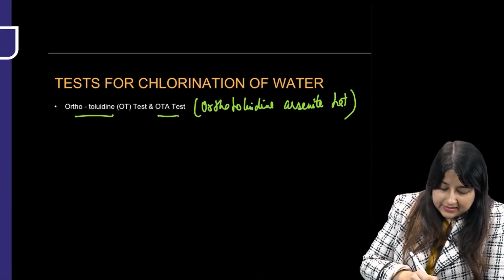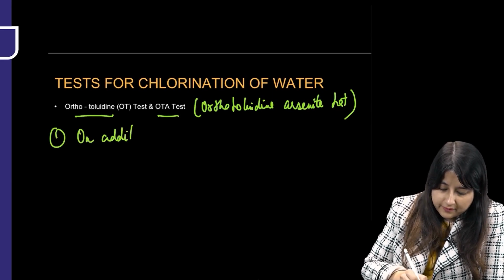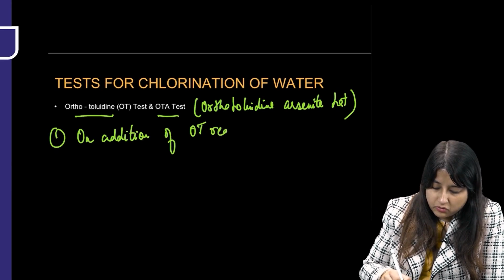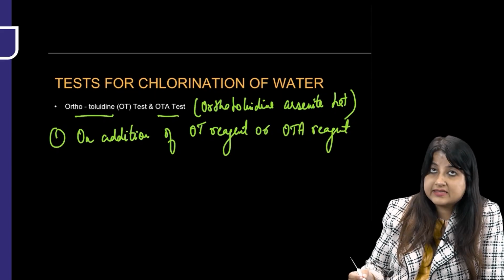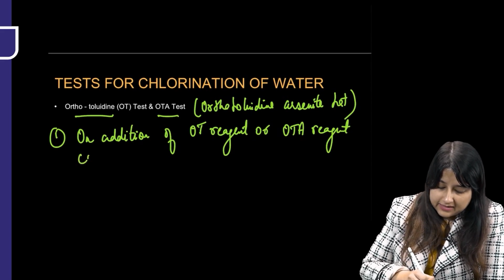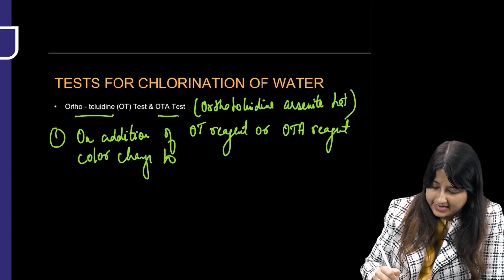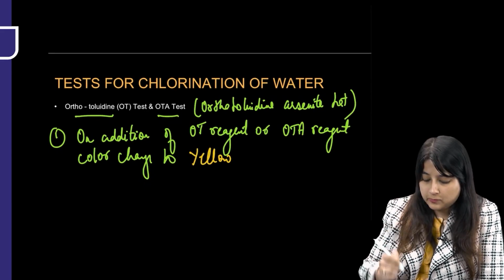See, the first point from here, okay, on addition of OT reagent, orthotolidine reagent, or OTA reagent, orthotolidine arsenite reagent, there is a color change to yellow. Like Horrocks apparatus, there was blue, here yellow.